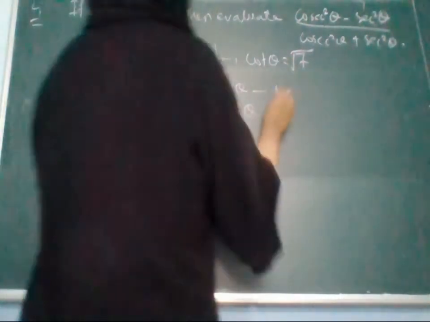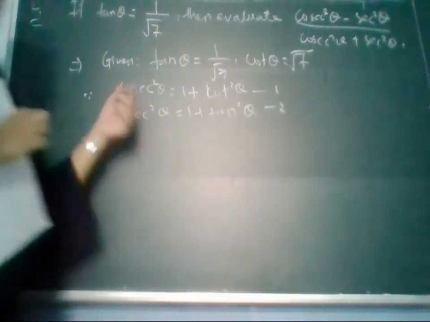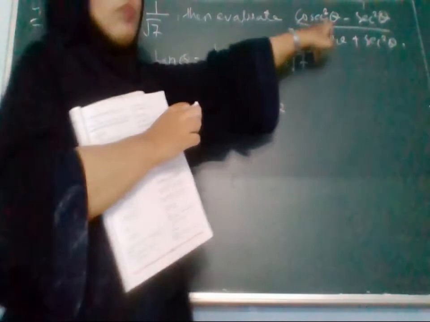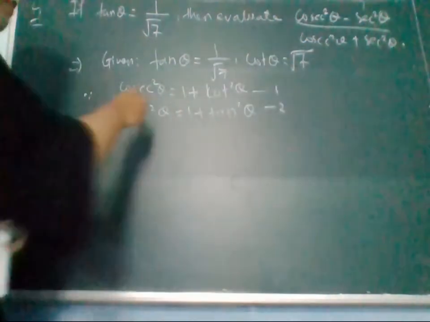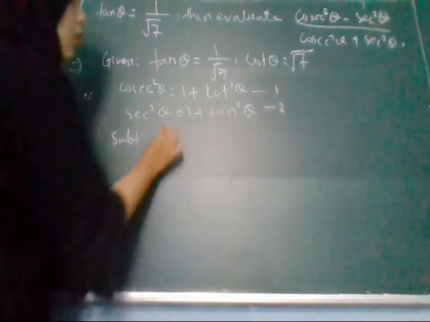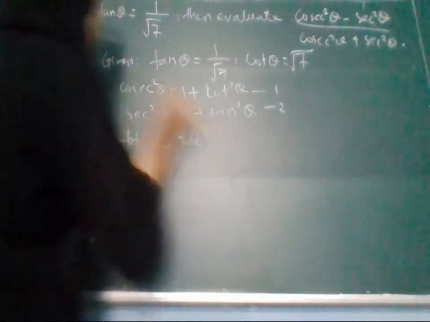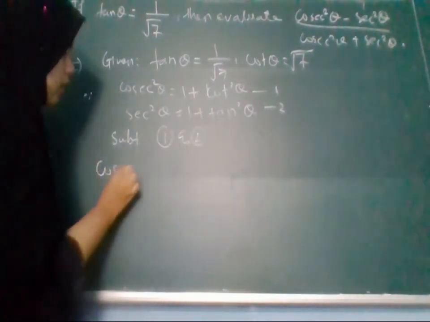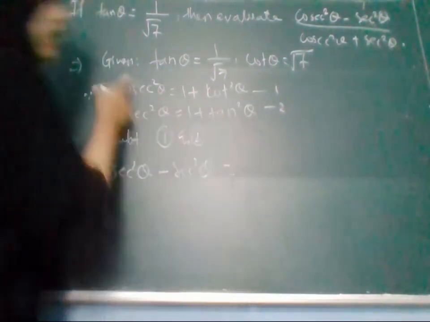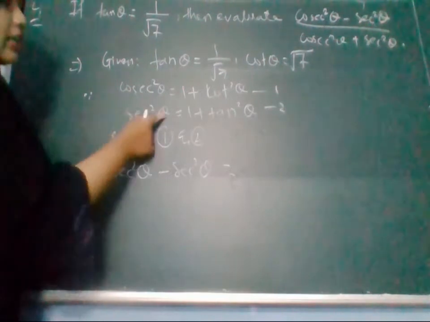So suppose this is your 1, this is your 2. What we need is cosec square theta minus sec square theta in the numerator, right? So we will subtract 1 and 2. What will you get? In LHS, cosec square theta minus sec square theta.